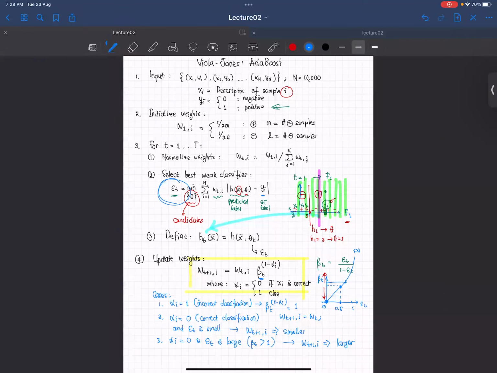Now, what we get from this training process is weak classifiers. You can choose 100, 200, 300, depending on the capacity of your computers, because again, this is offline. This is the training process. You can take your time to do the training process. It doesn't really have any constraint on the computational time.